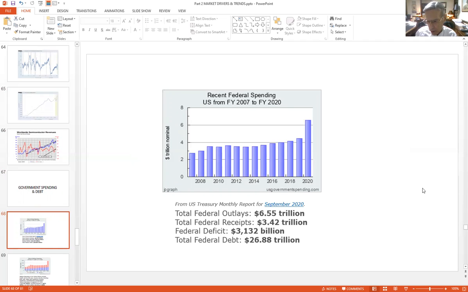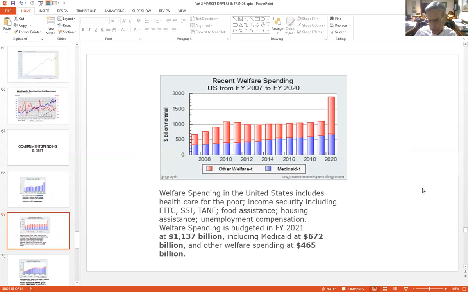The deficit was 50% of the spending. Spending was twice as great as income, so that the deficit today is about $27 trillion, and that's a lot higher than GDP of about $21 trillion. So we've got a problem.